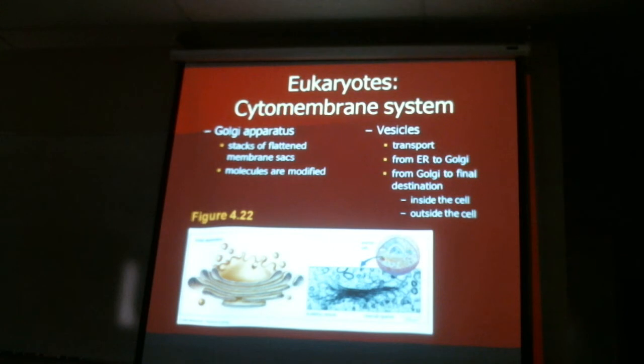That's where molecules are packaged and modified. And I like how they show these vesicles here, those little bubbles that pinch off. They're used for transport, from the ER to the Golgi or wherever they're to be sent. Could be inside of the cell, it could be outside of the cell. So things might have to fuse with that membrane or leave by exocytosis. So vesicles, just transport.